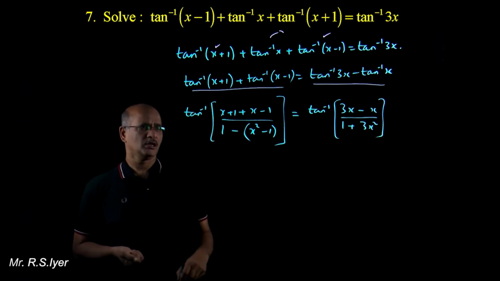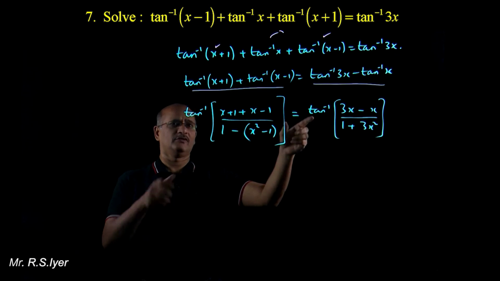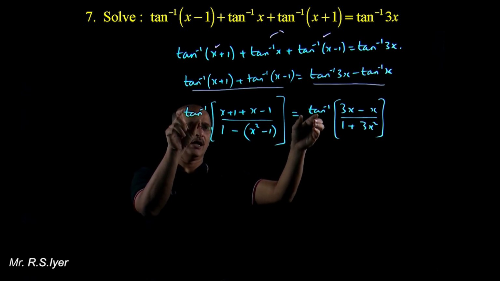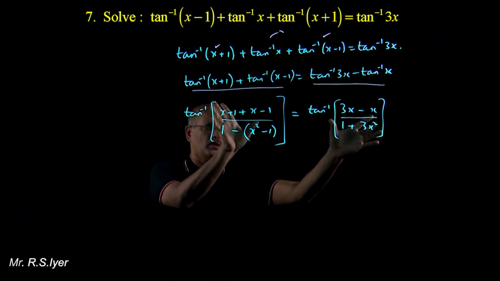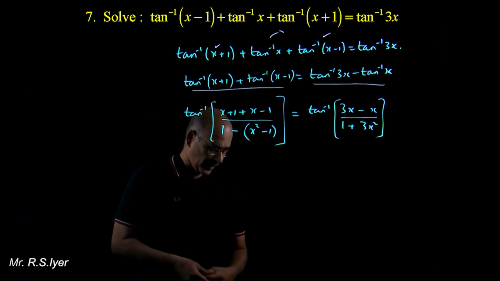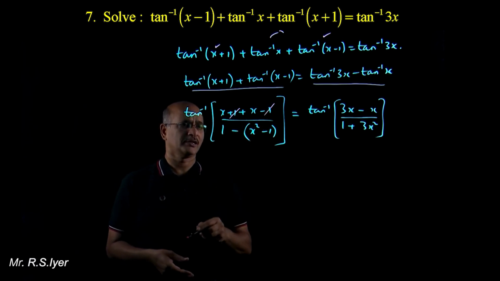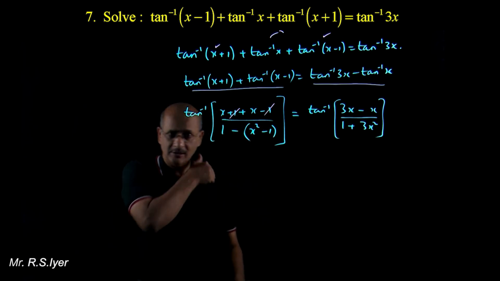So basically what is the idea behind doing this is, if you see both of them have got converted to tan inverse, and you can just equate the inside part because there is an equality in this case. So anyway, right now I have to do some simplification here. This will get cancelled, this will get cancelled, and what happens, let me just work out.